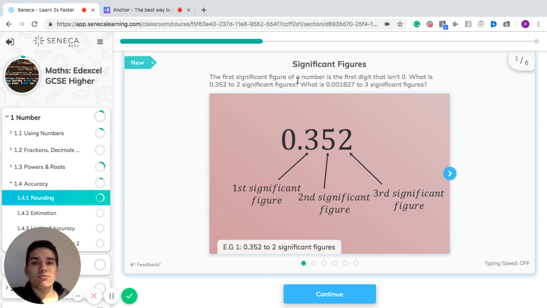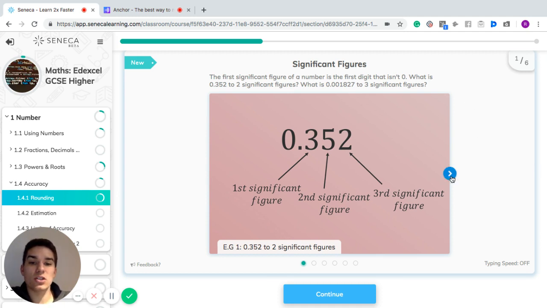Now we're going to think about rounding to significant figures. The first significant figure of any number is the first digit that isn't 0. If we think about the number 0.352, the first significant figure will be the 3.